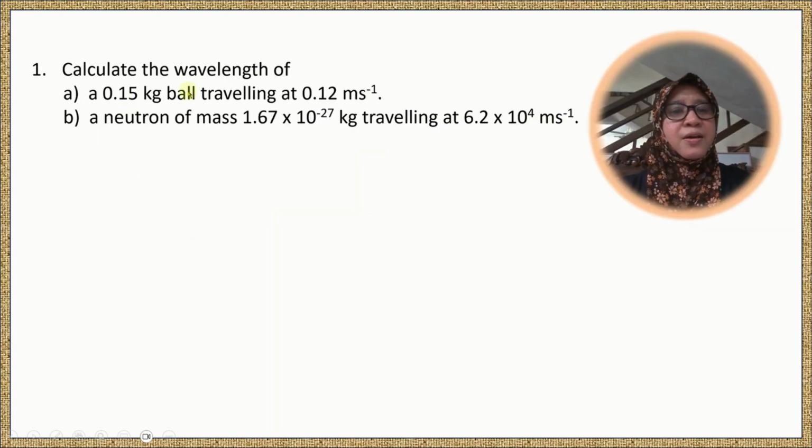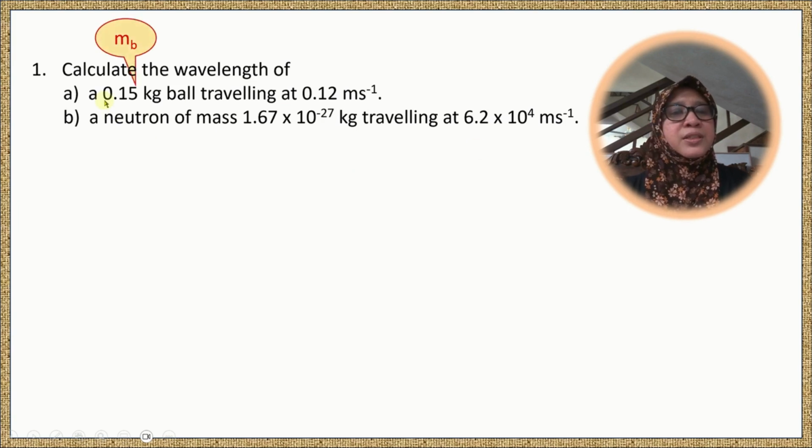Calculate the wavelength of a 0.15 kilogram ball traveling at 0.12 meter per second, then a neutron of mass 1.67 times 10 to the power of negative 27 kilogram traveling at 6.2 times 10 to the power of 4 meter per second.